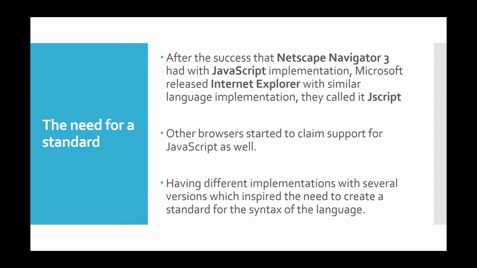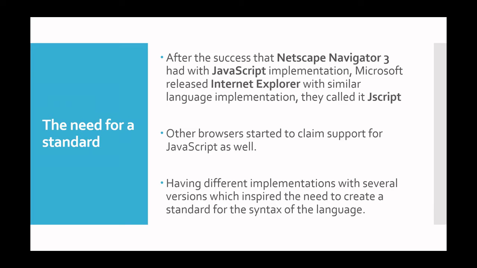Now, this language wasn't called JavaScript at the beginning, but they called it JavaScript just for the sake of marketing. Because of how efficient it made applications work, other companies that created browsers, like Microsoft, for example, started to introduce similar concepts, but they had different or similar languages, not exactly identical. They also called it JavaScript.